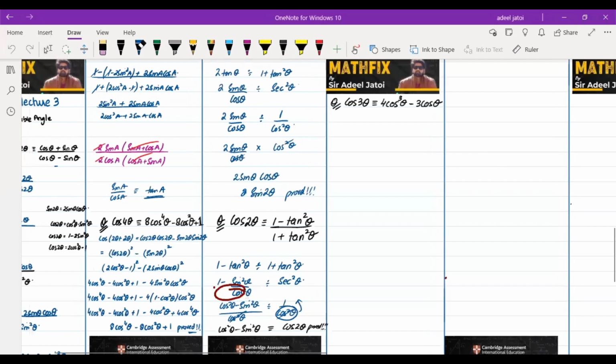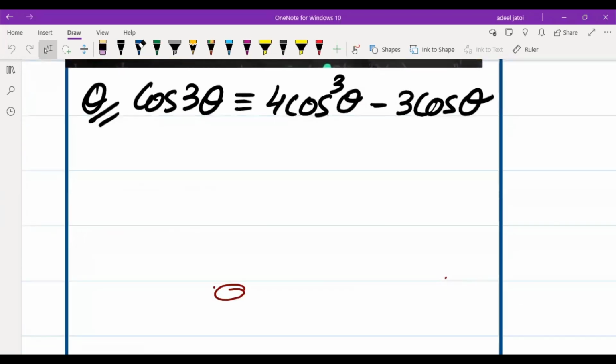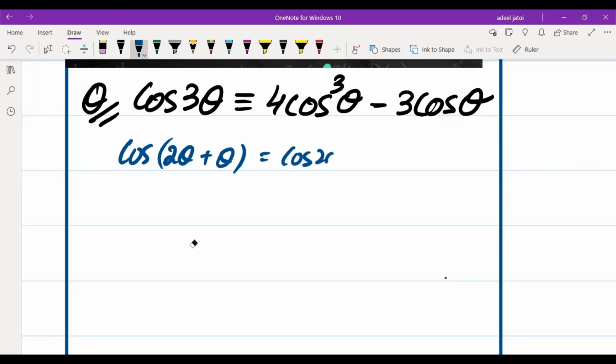Okay, here's another example question that we have. Cos 3 theta. So we can write this thing as cos of 2 theta plus theta, which is cos 2 theta cos theta minus sin 2 theta sin theta.